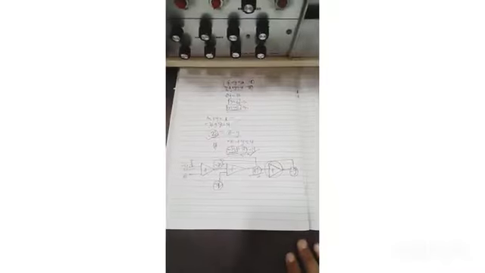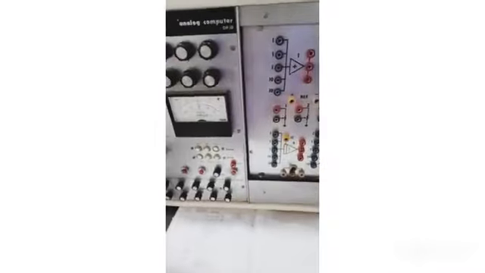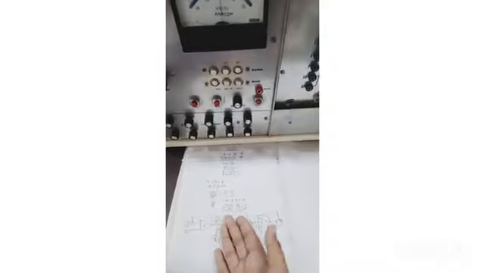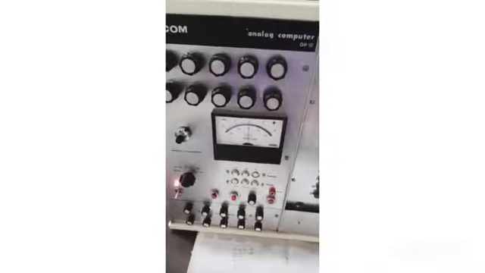So let's see it on the analog computer. Now we are going to do these things on our analog computer, and you will see that we are going to get almost the same result that we got here. What we have to do is turn on our analog computer, which I already did.